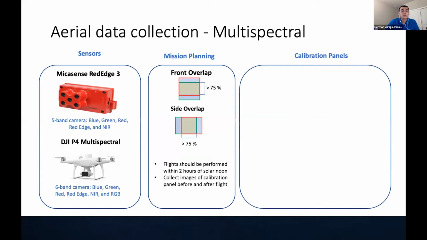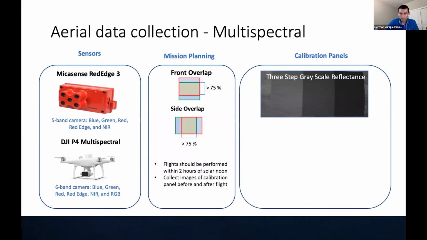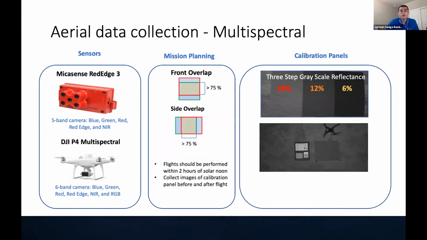So what calibration panels can we use? In our lab, we have this tarp, which is a single step grade scale of reflectance, which has reflectivities of 24%, 12%, and 6%. We also have the MicaSense panel, which comes with the RedEdge 3 camera.